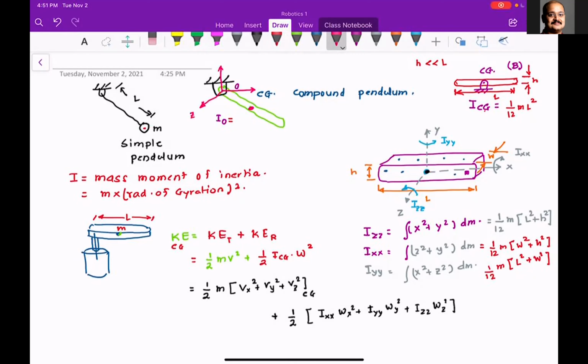This is z, this is x, this is y. You agree with me? Now what we are trying to solve, this compound pendulum problem, is actually a planar problem. This problem is not in 3 dimensions. This problem is only in 2 dimensions. Do you agree with me?